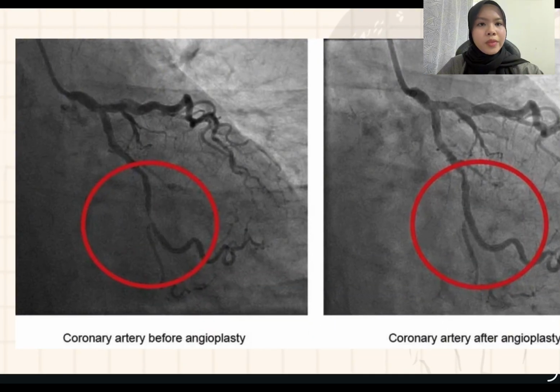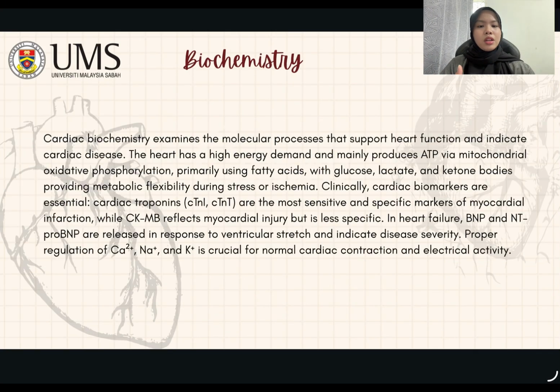Okay, so now I'm going to talk about the biochemistry. So cardiac biochemistry focuses on the molecular and biochemical processes that support heart function and signal disease. The heart has an exceptionally high energy demand and produces most of its ATP through mitochondrial oxidative phosphorylation, primarily using fatty acids as fuel.